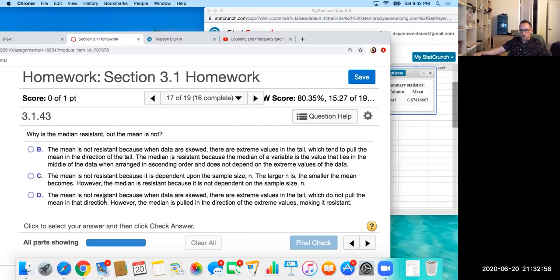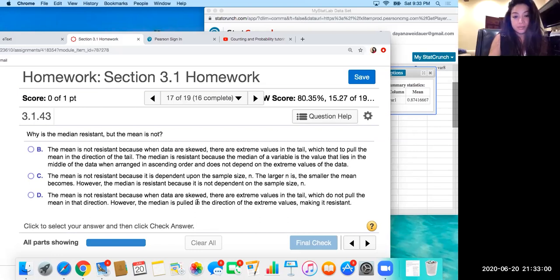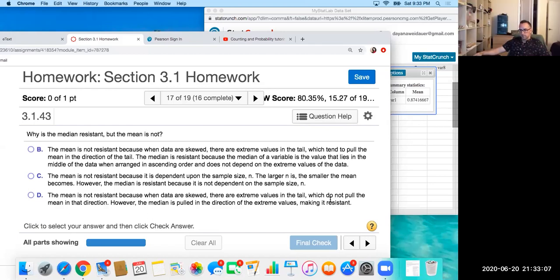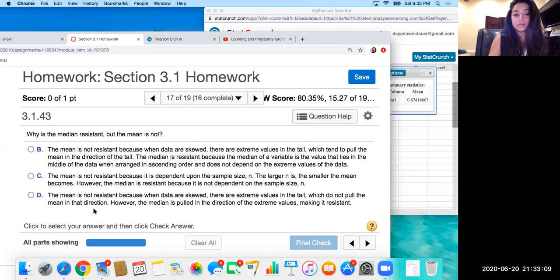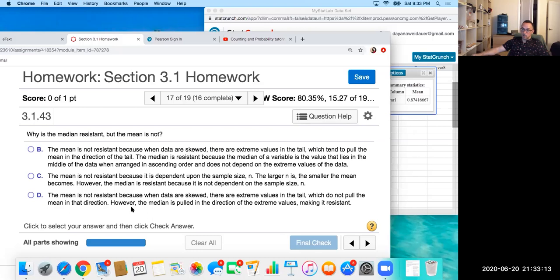The mean is not resistant because when data are skewed, there are extreme values in the tail, which do not pull the mean in that direction. No, it does pull the mean in that direction. So that's false.